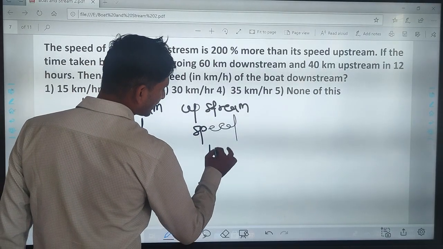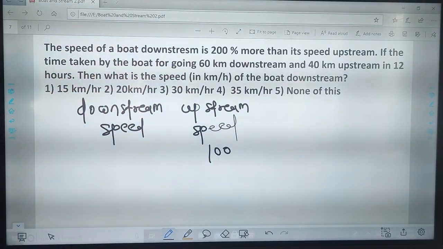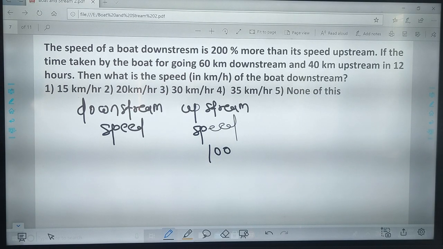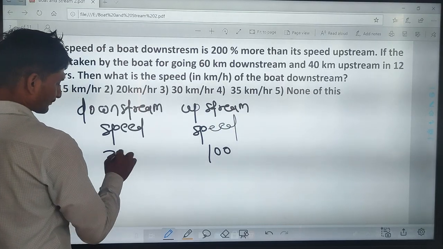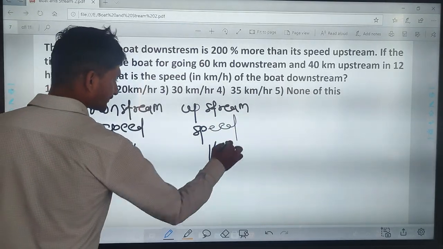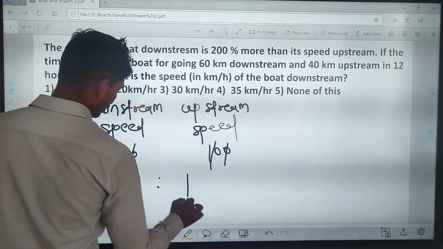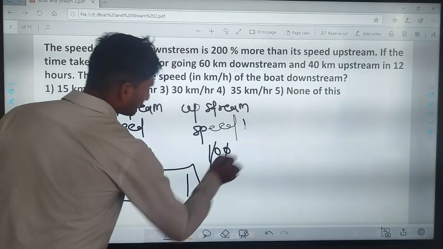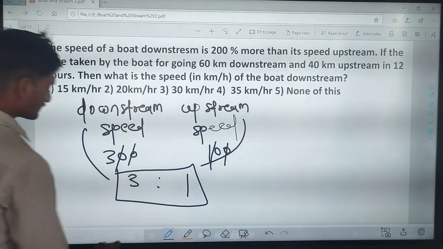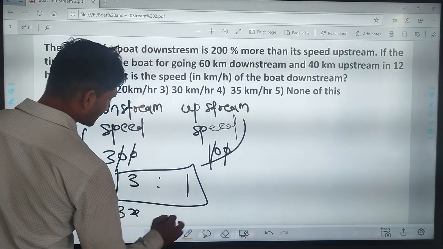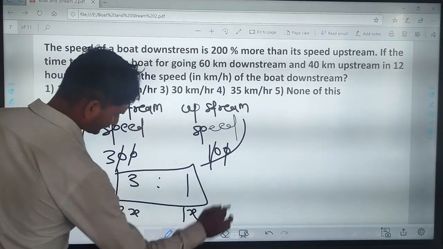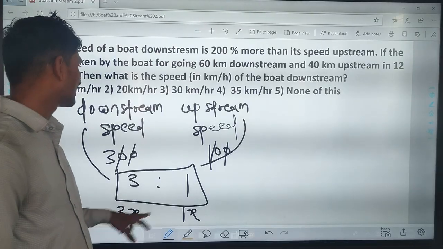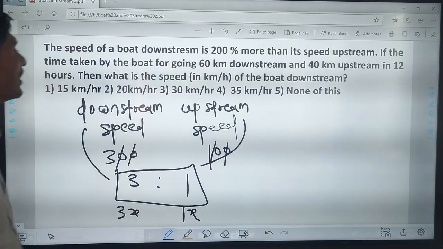Here if the upstream speed is 100, then the downstream speed is 200% more than 100, that is 300. Then the ratio is 3:1. So downstream speed is 3x and upstream speed is 1x.